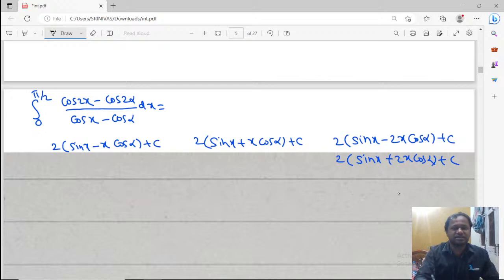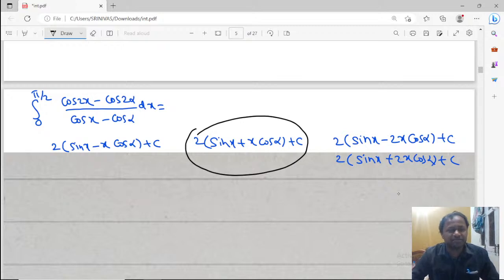So this is as it is a theory question. This will be the answer for that question. Okay. So actually it didn't have limits. Integral cos 2x minus cos 2 alpha divided by cos x minus cos alpha. This is as it is an exercise question.